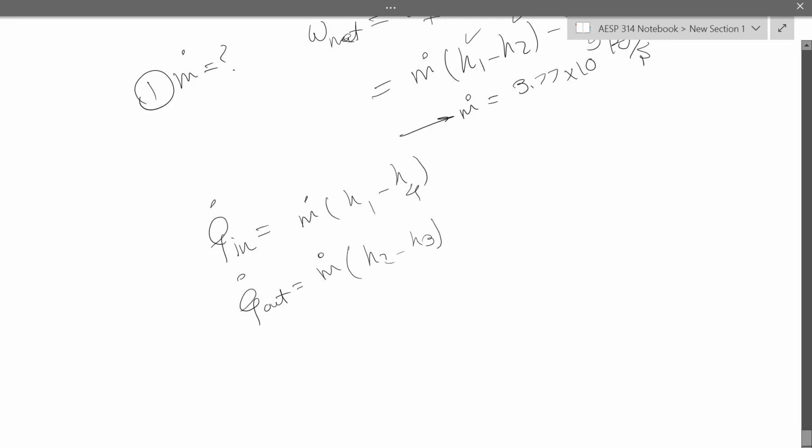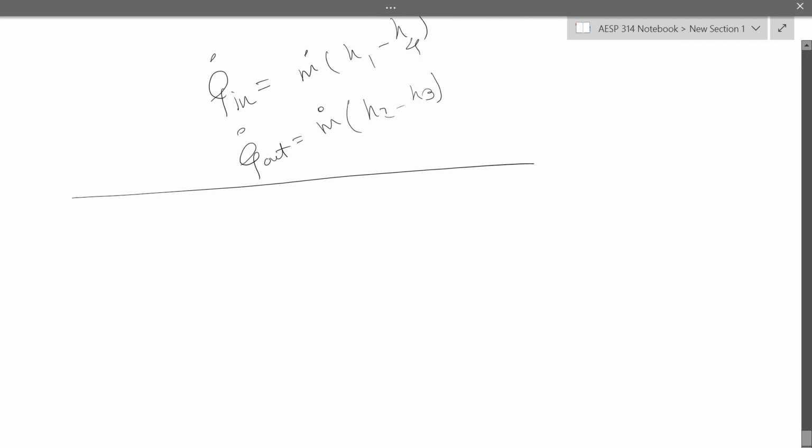How can we calculate this? Any ideas? Think about it. We are given two temperatures.